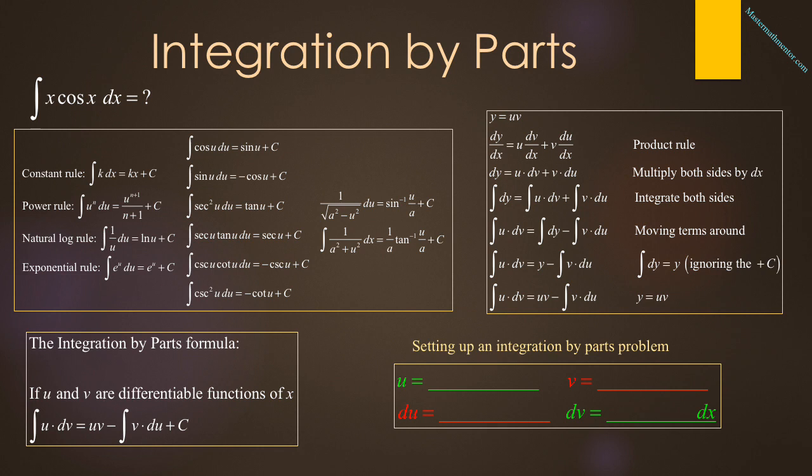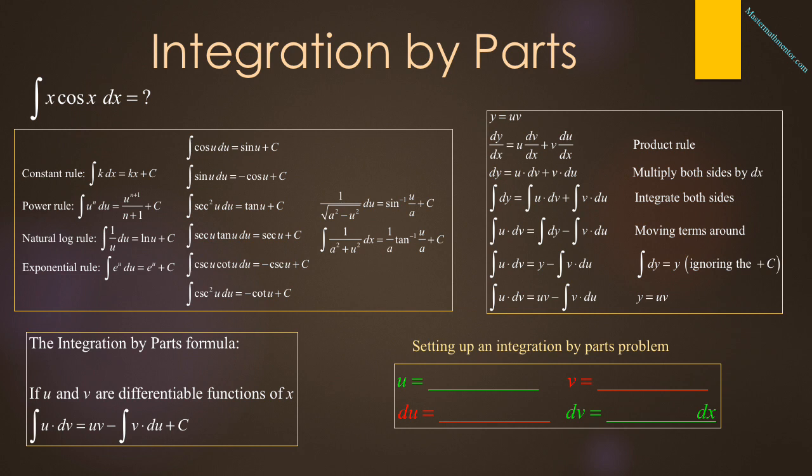In order to set up a problem with integration by parts, the best thing to do is to create a chart. The chart has four pieces, u and du, v and dv. You will fill in the u and the dv from the original problem, with the dx always going to the dv.